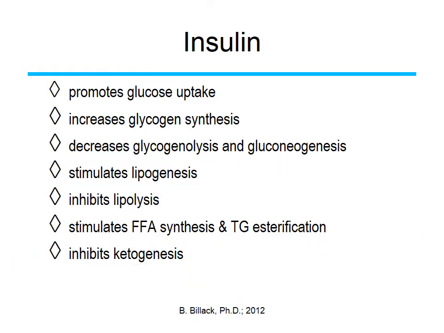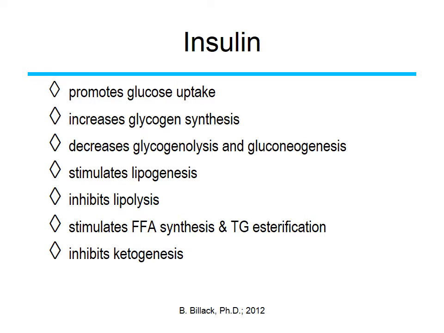It also stimulates lipogenesis, right? So fat cells get bigger. We see fatty acids being stored as triglycerides. We have the inhibition of lipolysis, with one exception. Lipoprotein lipase is actually activated, but lipases within the cell are inhibited.